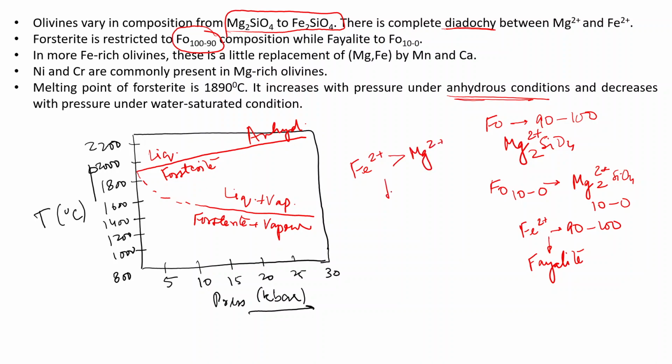So what happens here if we apply the concept of diadochism, where the smaller ion is being replaced by the larger ion? The thermal behavior will change. Why does this happen?